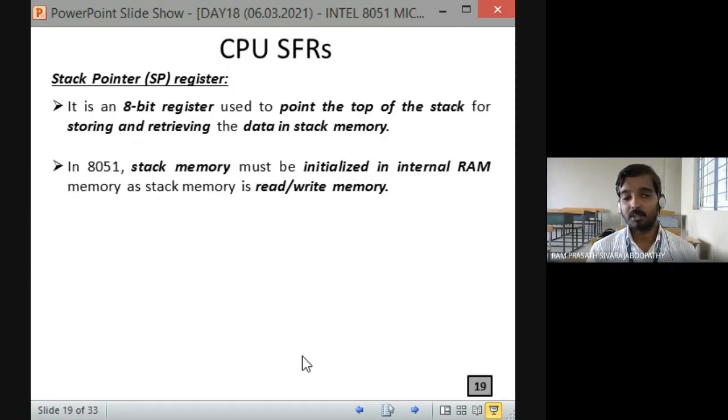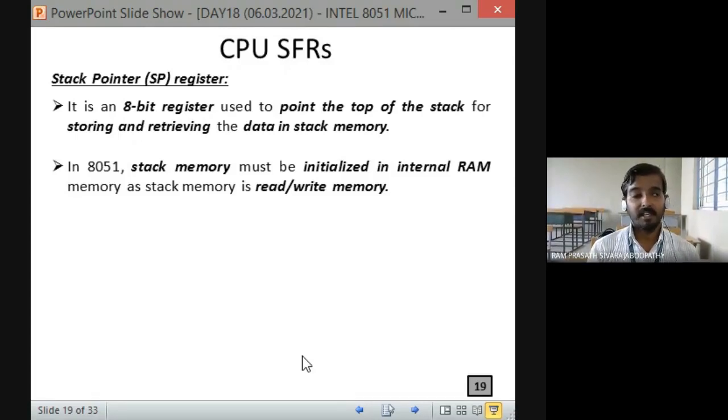Is it possible to assign stack memory externally? Any idea? The stack pointer is an 8-bit register here, so it can hold only an 8-bit address. Is there any possibility? The stack pointer size is only 8-bit, whereas in the 8085 microprocessor it is 16-bit.